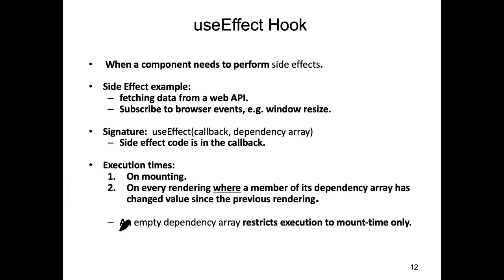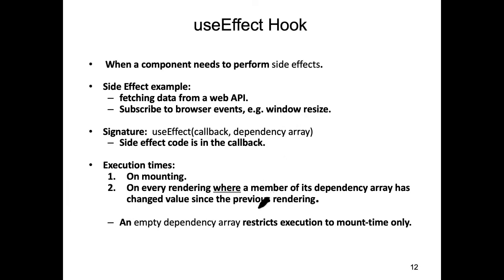Number two, every time the component re-renders, but only if, as a result of the re-rendering, one of the entries in the dependency array has changed. This dependency array is going to be an array of references to variables. They could be ordinary local variables, they could be state variables, they could even be props.